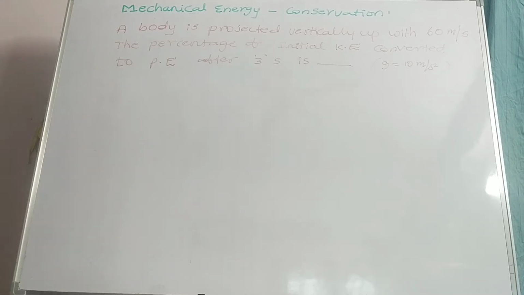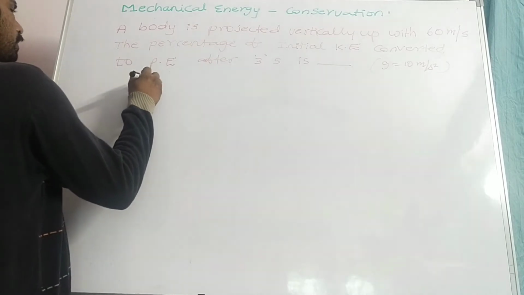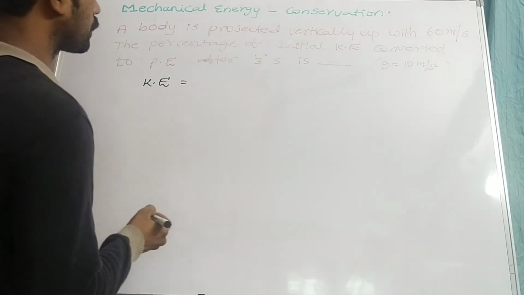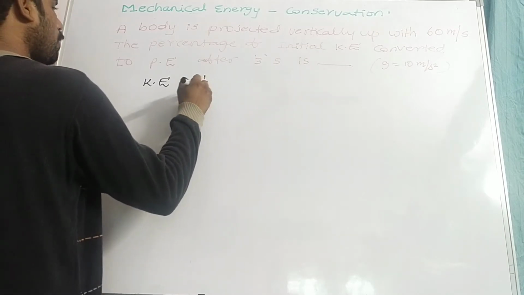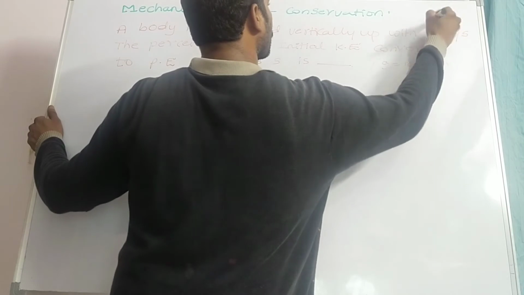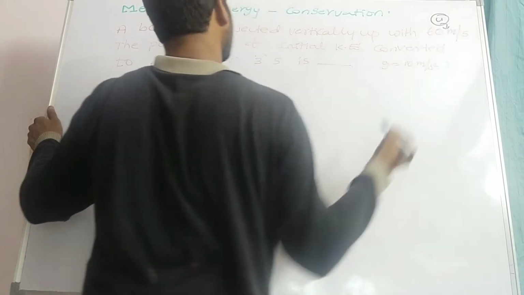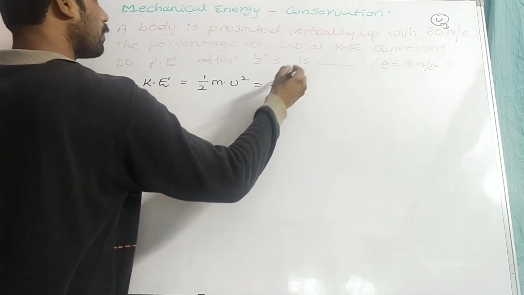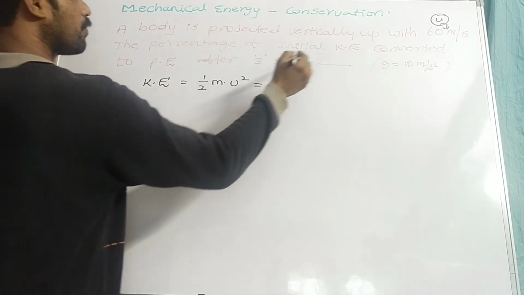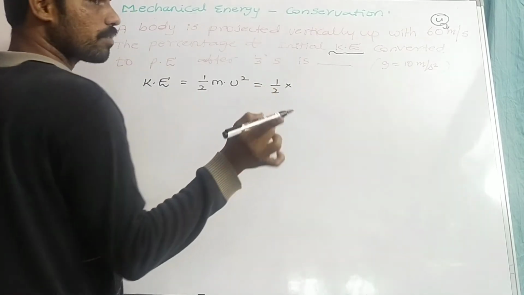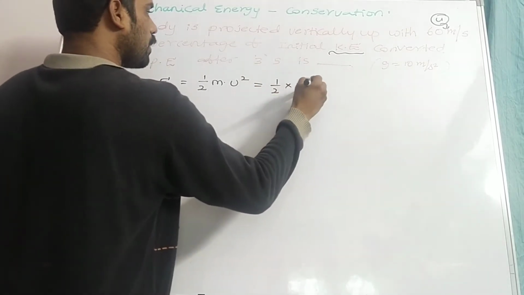So what about kinetic energy? Kinetic energy K is equal to half m u square. Why? Because the body is projected vertically up with u equal to 60 meter per second. Mass of the body is not given, so we have to write m as well.